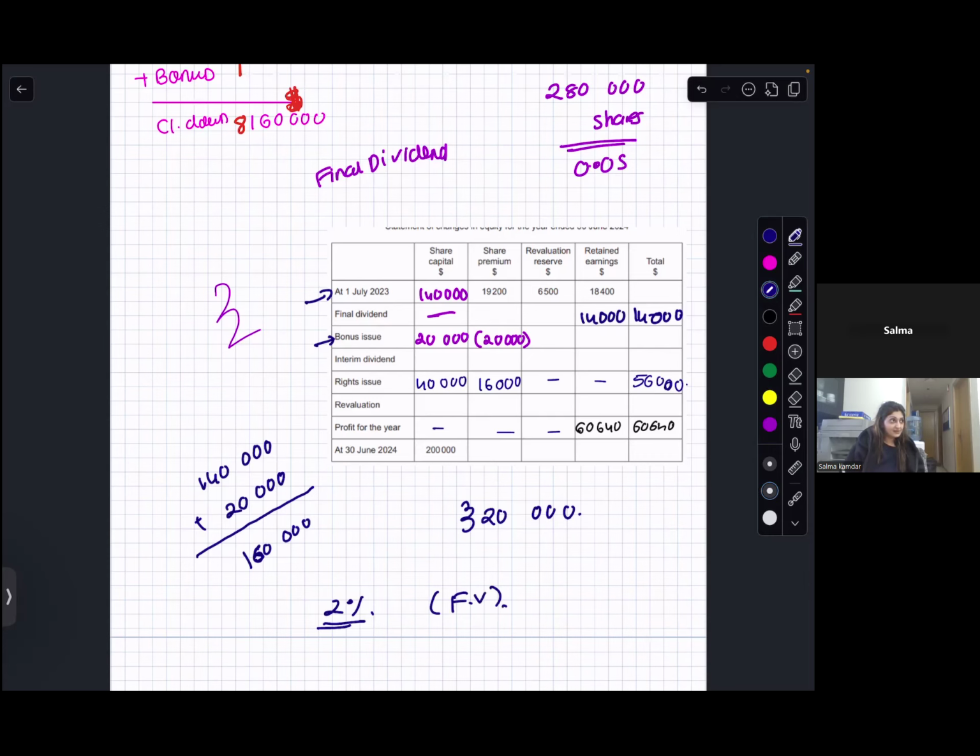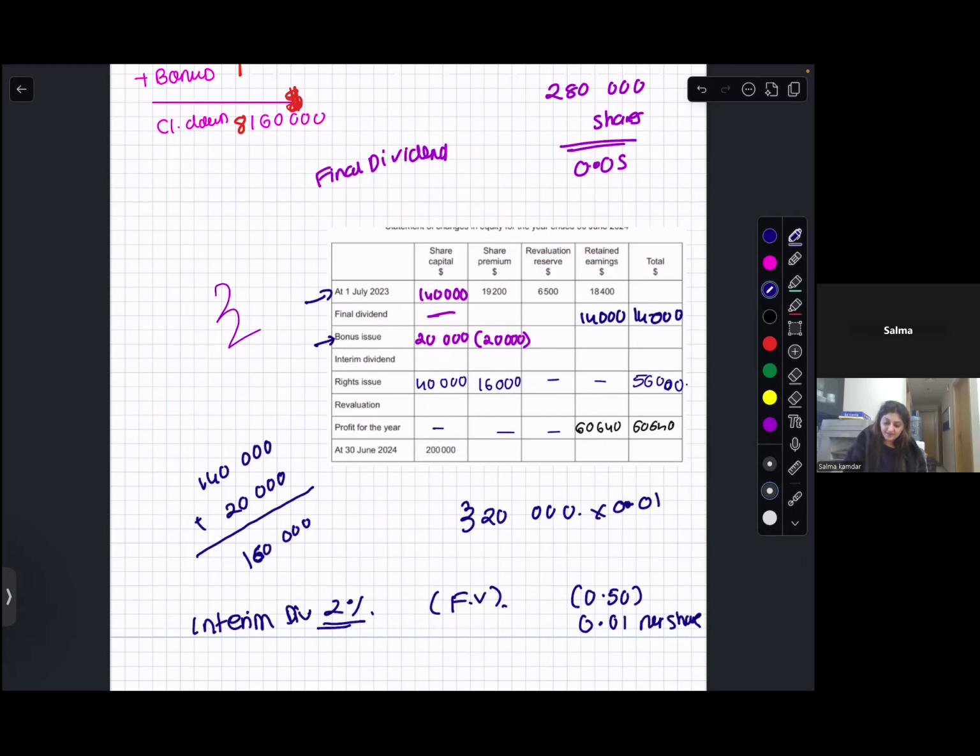Yeah. Face value is 0.50. So I'm going to give interim dividend of 0.01 per share. So 320,000 into 0.01.